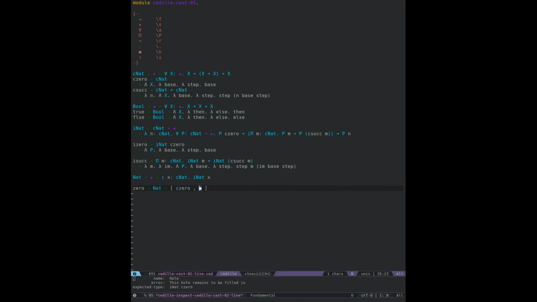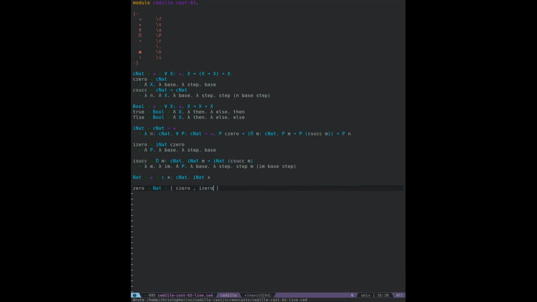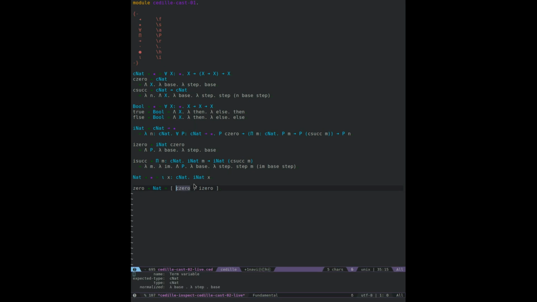For the right-hand side, we must give a proof that C0 is inductive, which we have with I0. And then just like with our non-dependent case, we must have that the erasures of C0 and I0 are the same term. So if I normalize C0 and normalize I0, I get two untyped lambda terms which are the same. And of course, the normalization of 0 itself is lambda base, lambda step base.